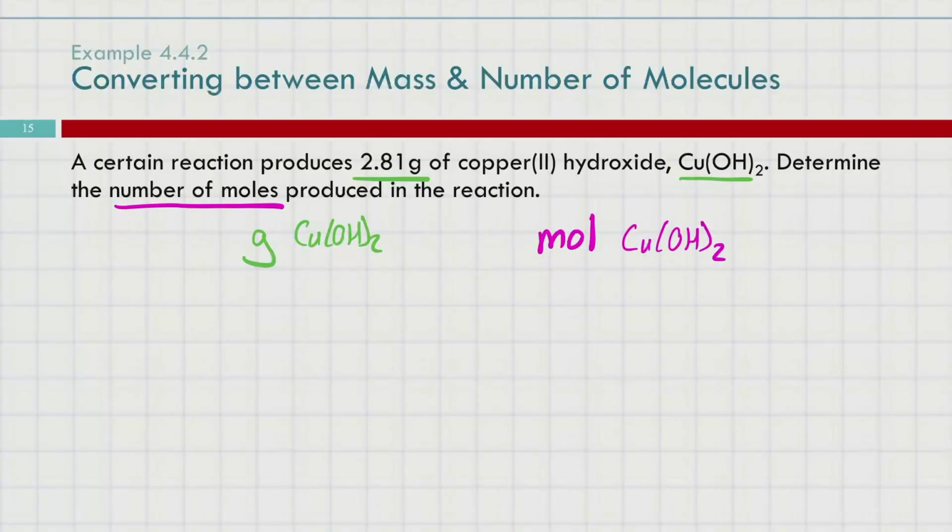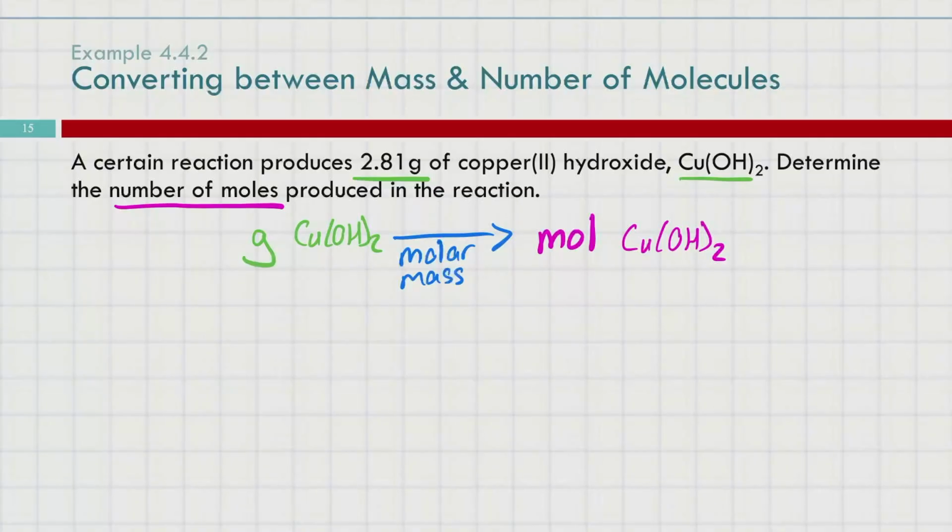Can we do this in one step? Survey says yes, we can do it in one step. What are we going to use to convert between grams and moles? Molar mass. Do we know what the molar mass is for copper(II) hydroxide, Cu(OH)2? Not yet, right?